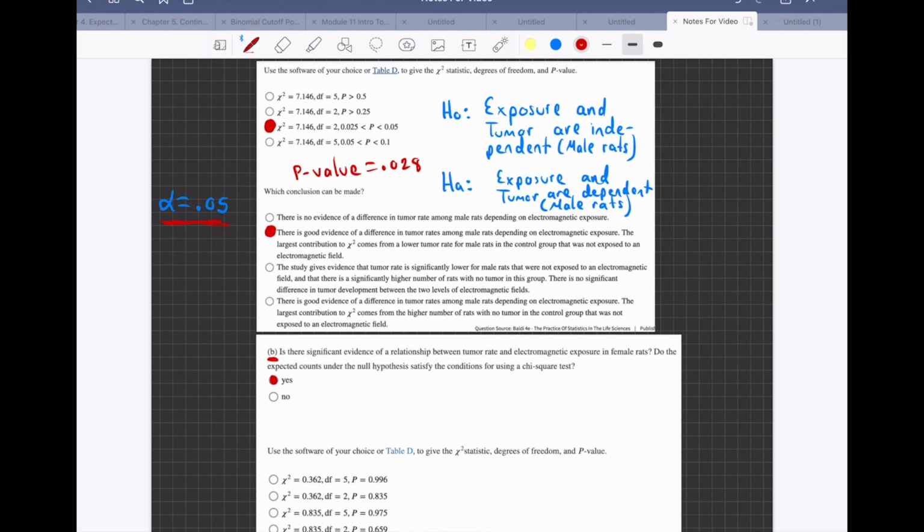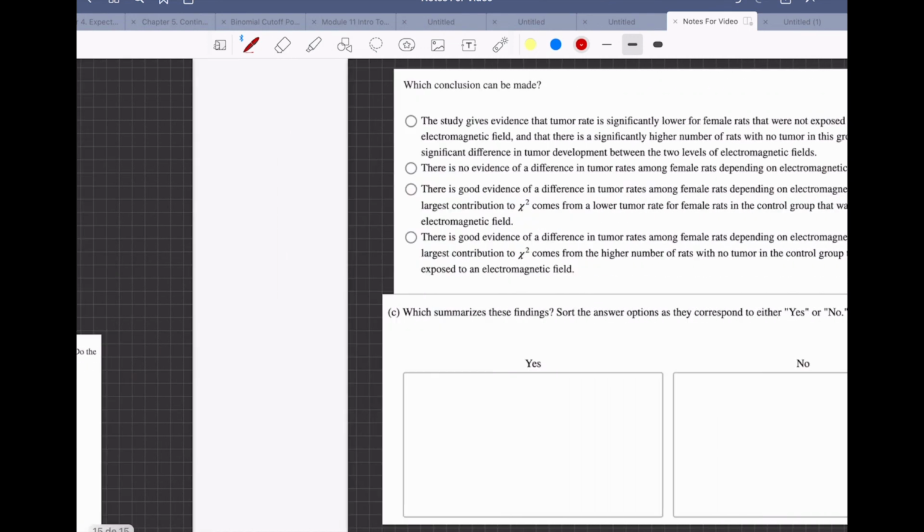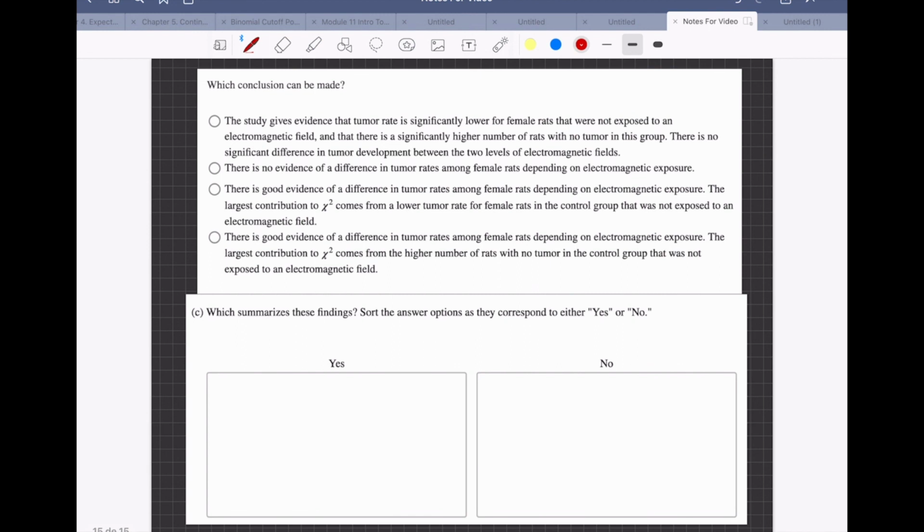The chi-square is going to be 0.362. Degrees of freedom is going to be this one. Please verify that by creating the table. And the conclusion that can be made is there's no evidence of a difference. It's going to be this one. But please verify this, okay?